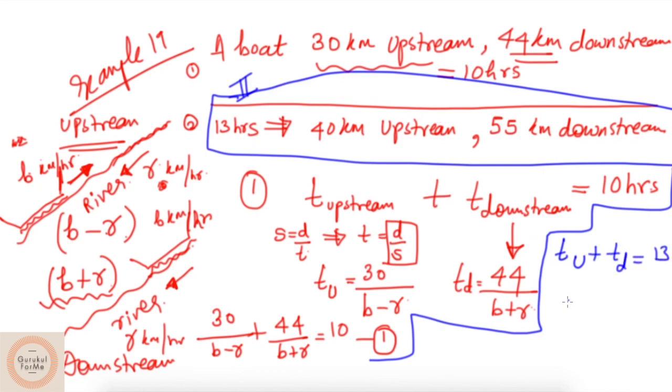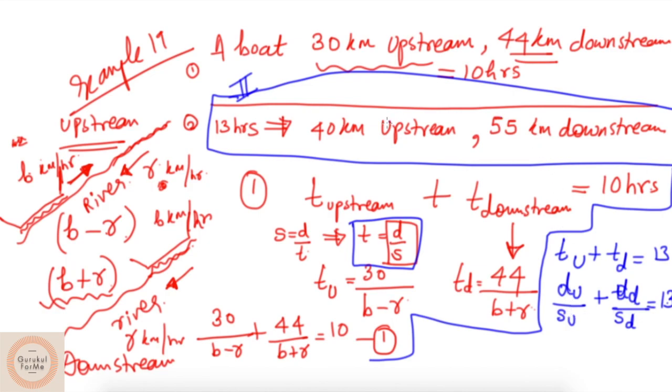What is the time it takes to go upstream? We said the formula for time is distance divided by speed. So distance upstream divided by speed upstream, plus distance downstream divided by speed downstream, is equal to 13.